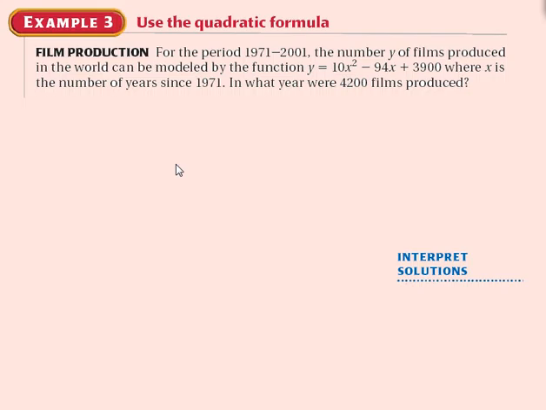We are trying to determine in what year 4,200 films were produced. Now, you can imagine there are lots of ways to do this one, but let's go ahead and start by using the quadratic formula because that's what our instructions tell us we should probably do. We want to know when we have a result of 4,200, so we will fill in 4,200 in place of y, and then the rest of the function just follows after that.